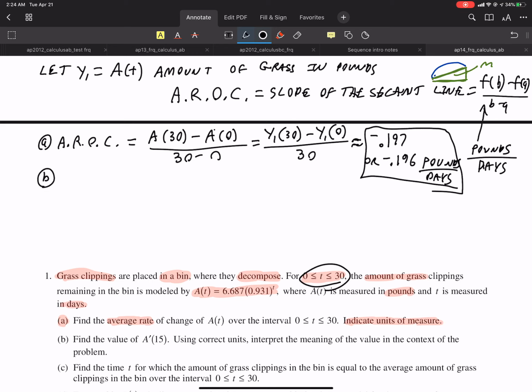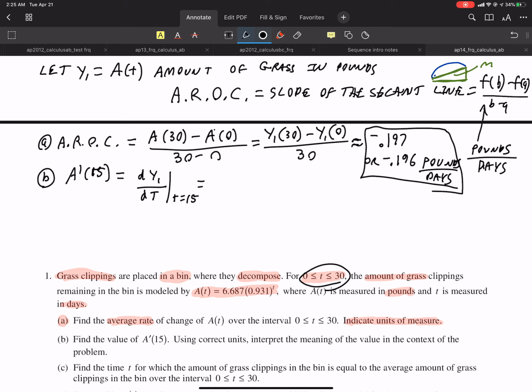They want us to find the derivative of A at 15. Well, that in our calculator is just going to be the derivative of y1 with respect to time when the time is 15.